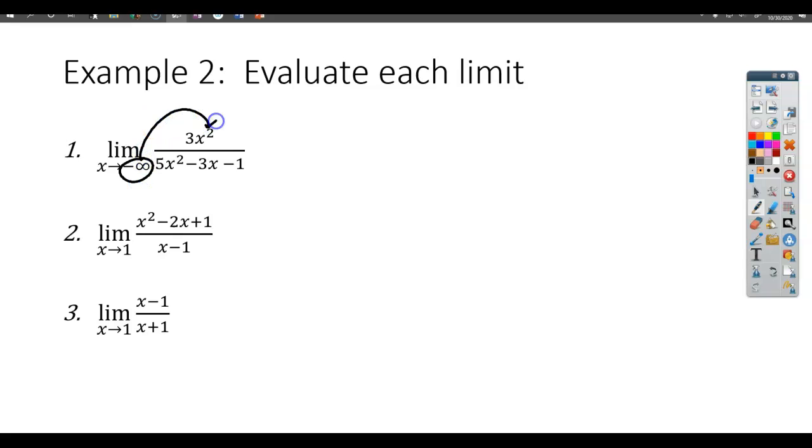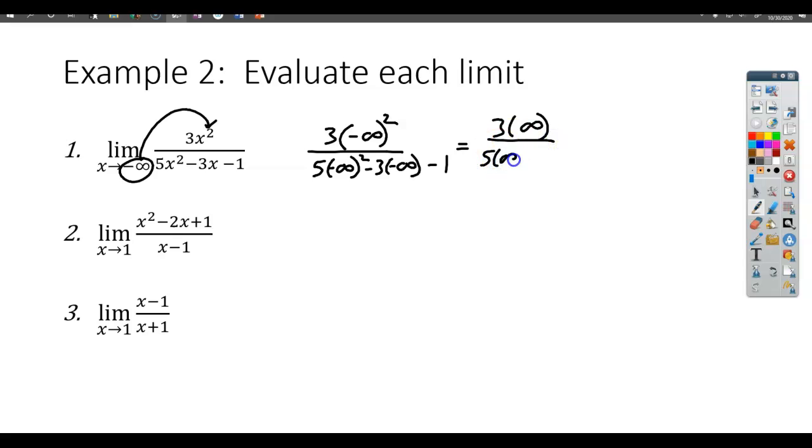So I'm going to plug in infinity, and I end up with infinity over infinity.